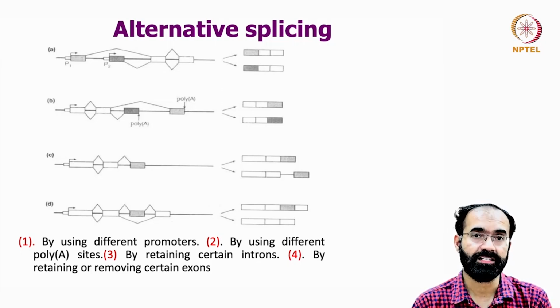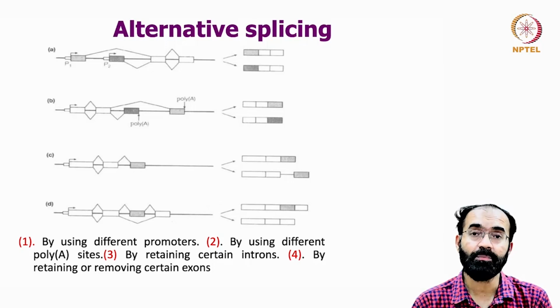Say if this promoter is used, it makes use of this entire stretch as a single intron. So for this promoter, this is the first exon and this is the second exon, not this one. Second exon, this is the third exon. So when the splicing happens, you end up getting this lightly colored first exon, and the second and third are the same.